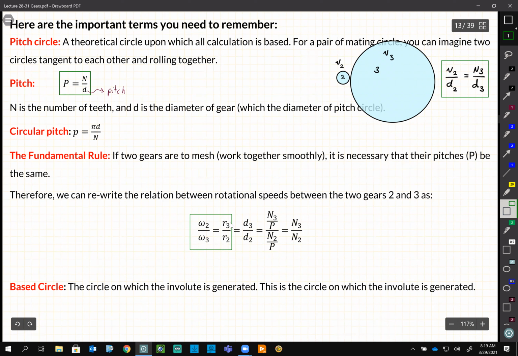And instead of R, if I write D, and instead of D, if I write N over P using the pitch, and since pitch has to be equal, then we get a very nice formula, which we are going to use a lot. It says omega 2 divided by omega 3 is equal to the number of teeth, N3 divided by N2.